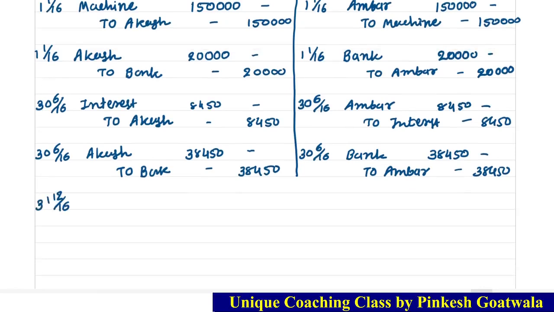31st December 16. First journal about the interest: interest to bank, sorry, interest to Akash. Second, the installment paid: Akash to bank.